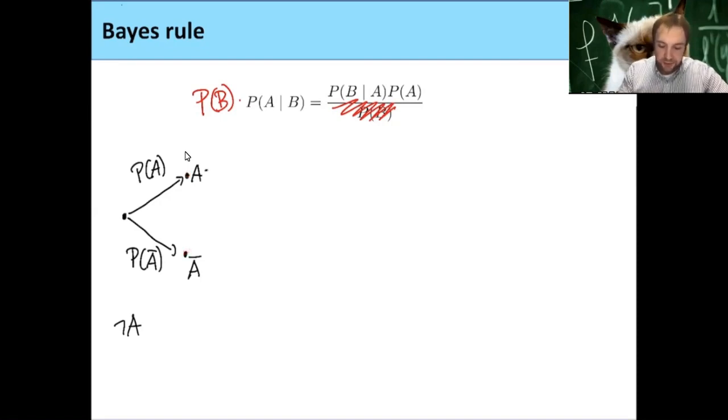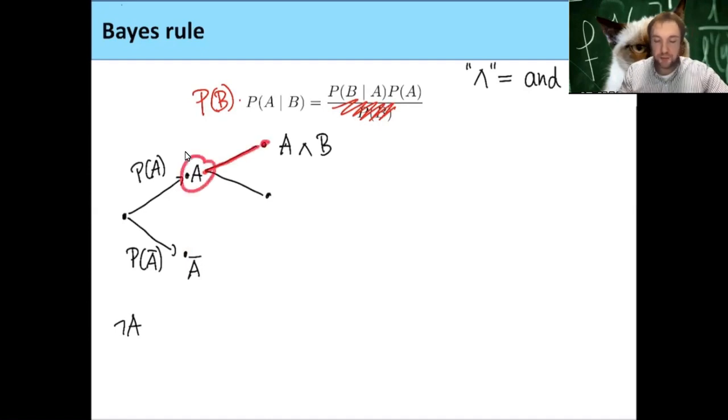And now from this state here, what I want is A and B, so this here means and. So what is the probability of going from A to A and B? Well, this is exactly the conditional probability that B occurs under the assumption that A occurred.